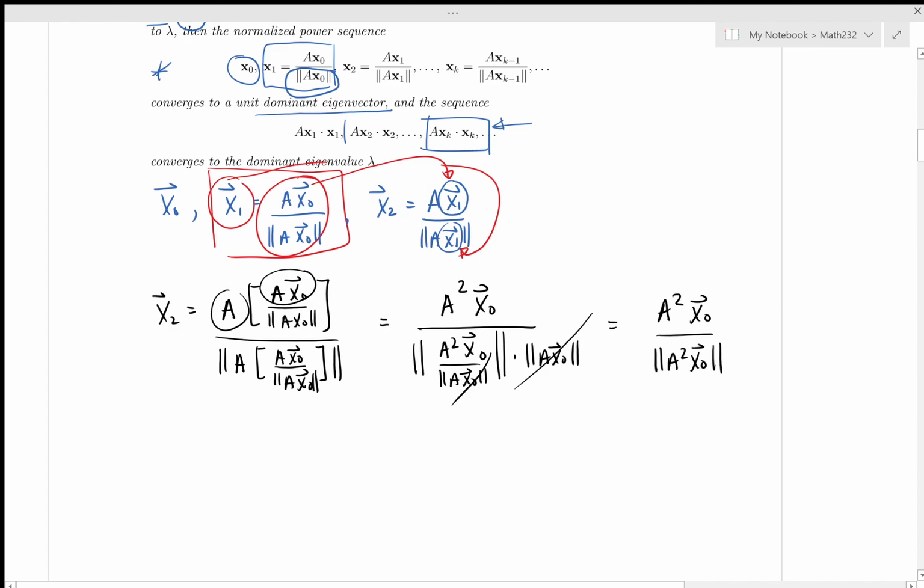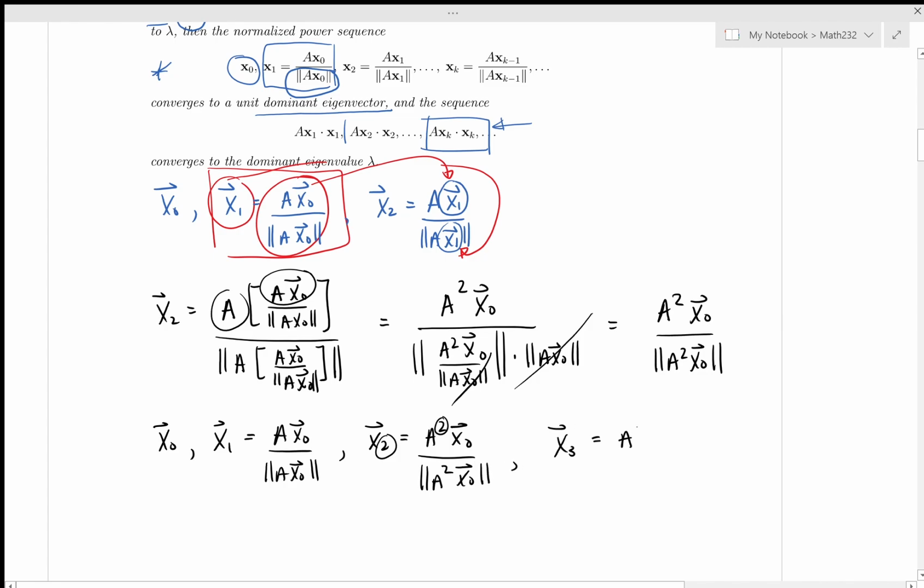That's a nice feature, because we can then write out the sequence of vectors in this way. The first is A x naught over its norm, and then the next one, x2, will be what we just calculated. You can assure yourself by going through this process again if you like, but you'll see that the exponent is 2, squared like that, and then the next one will be cubed.